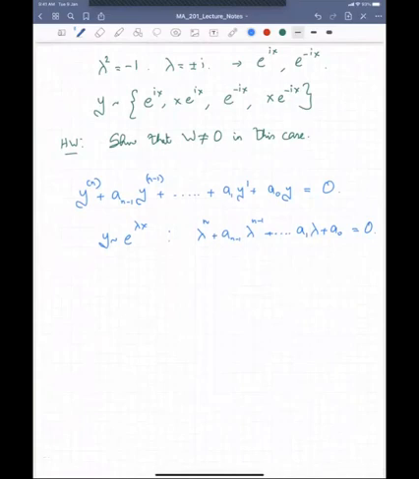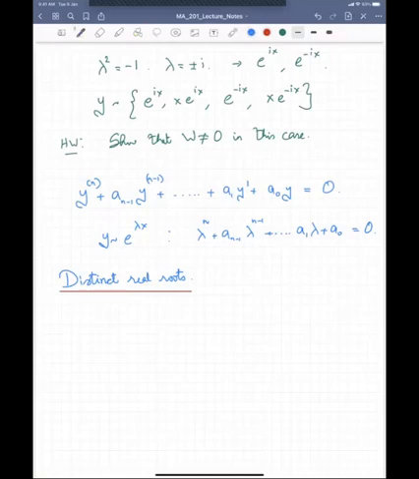Okay. So let us look at the first case today, and then we will look at the other cases in the next lecture. The first case that we will look at today is distinct real roots. So as an example, consider the equation y triple prime minus, again, I'm using many different notations, so I will stick with one. Sorry about that. I'll write this as y3, which means d cubed y over dx cubed.